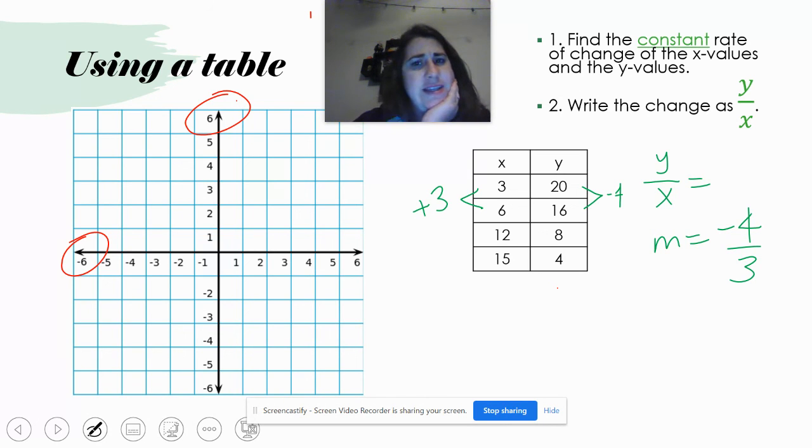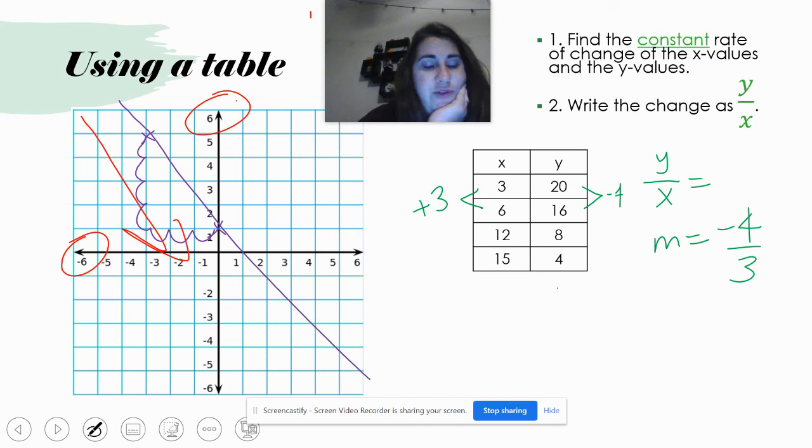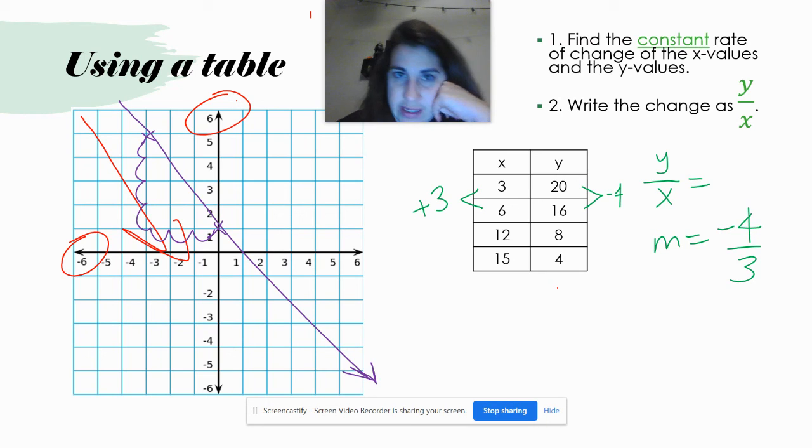It's just not going to be the exact line because I don't have this. My slope has to go down because it's a negative. Say I start here. I need to go down 4, 1, 2, 3, 4, and over 3, 1, 2, 3. And so my slope of the line would look like that. This is not the line of this table because the scale of my table is off.